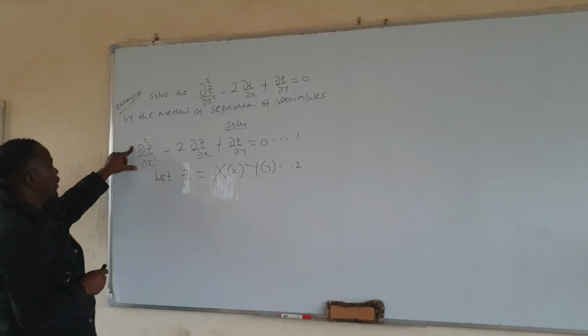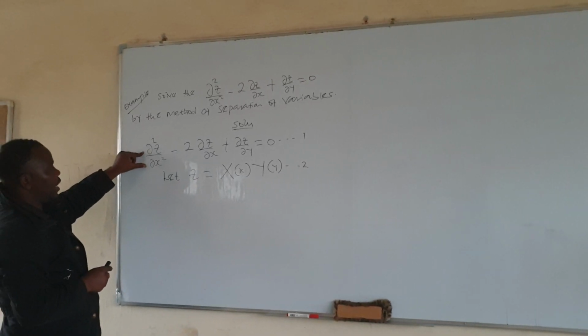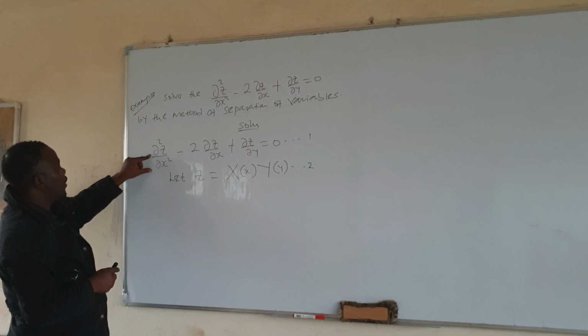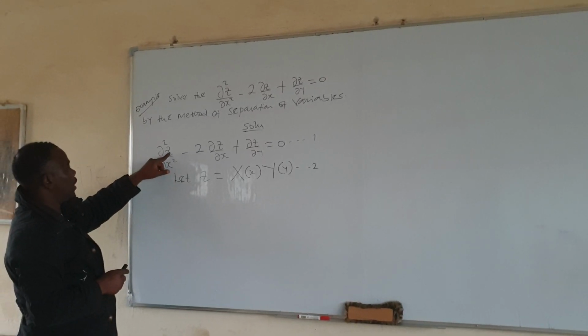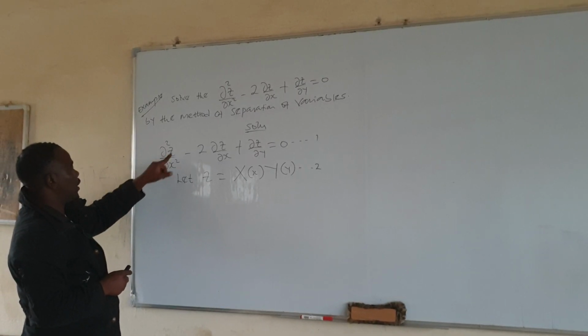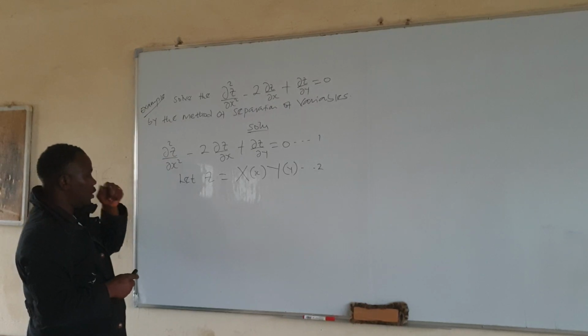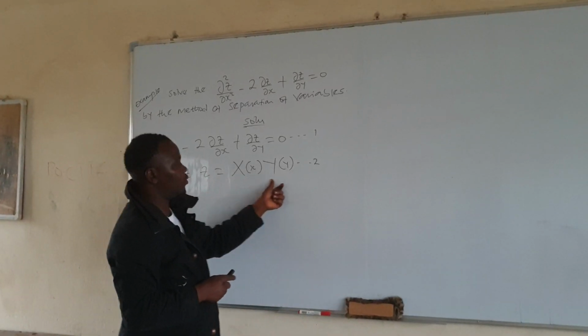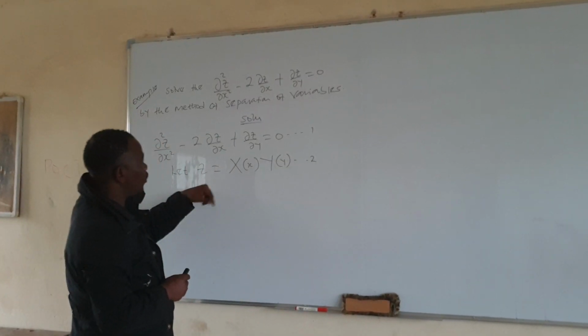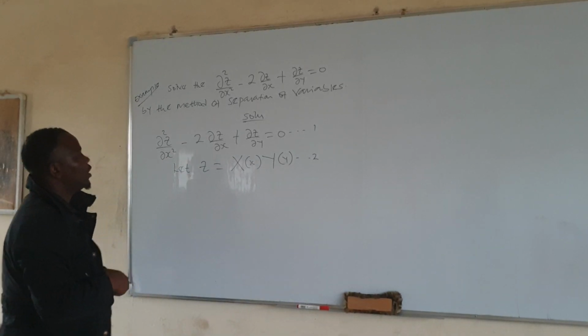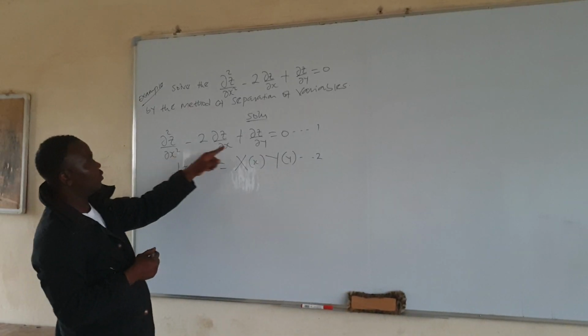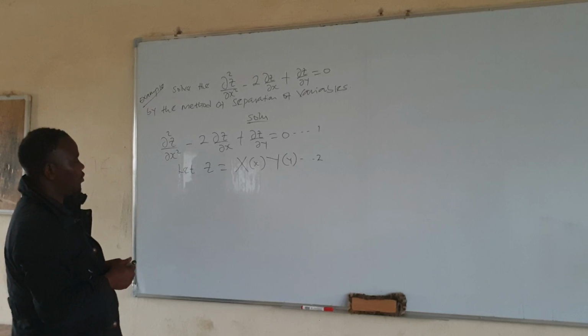Note that here we have partial square z all over partial x square, so X is going to be differentiated twice. Then we substitute it into this partial differential equation.